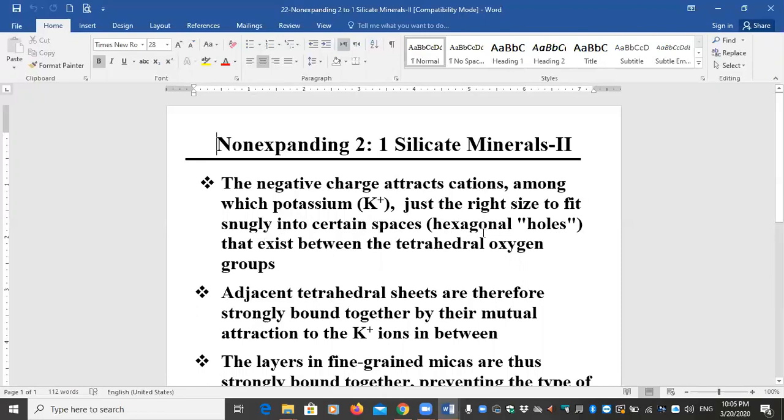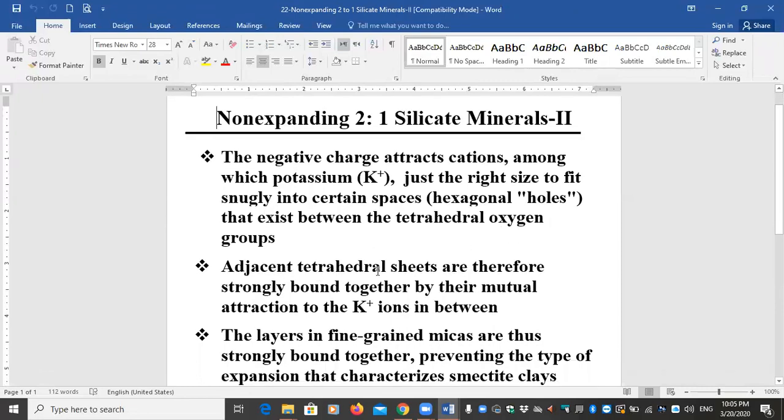These are hexagonal holes that exist between the tetrahedral oxygen groups of the two neighboring or adjacent crystal units. Adjacent tetrahedral sheets are therefore strongly bound together by their mutual attraction to the potassium ions in between.